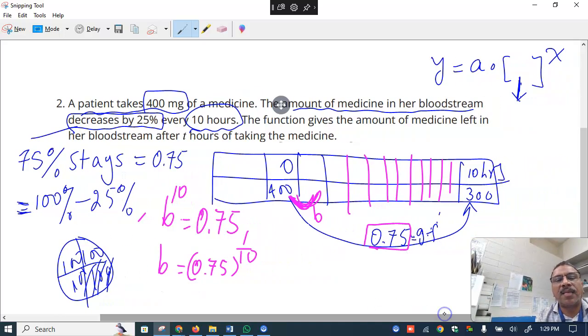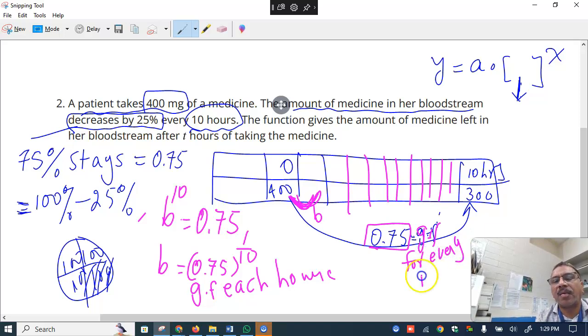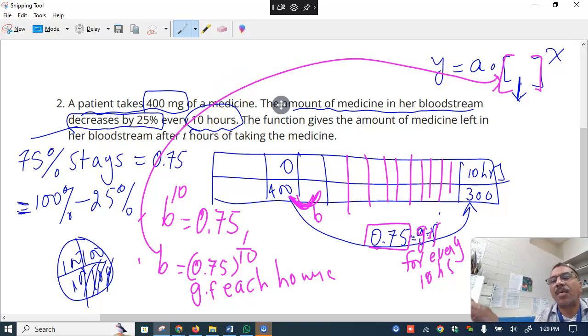And this is the growth factor for each hour. So that's so important. The 0.75 growth factor is for every 10 hours, so that's different. But in the formula, this is the B part which goes straight here. Look how beautiful this is.